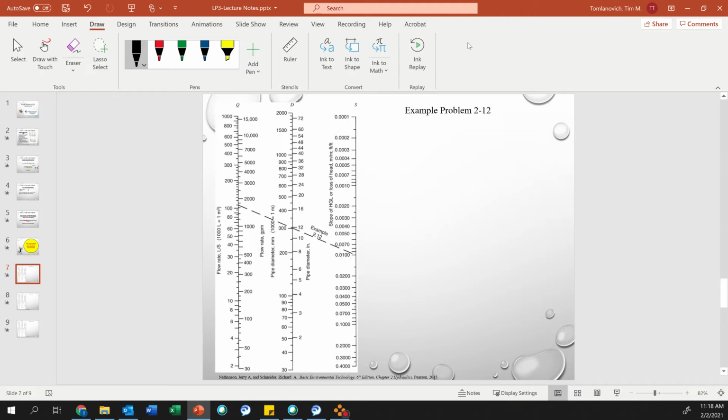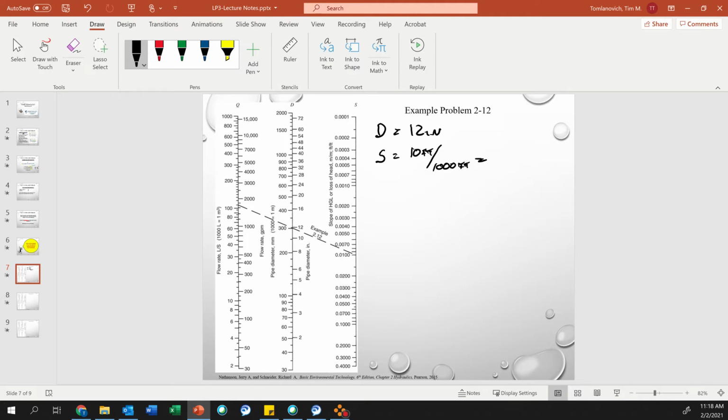All right, so let's write down our knowns. So we have a 12-inch diameter. D equals 12 inches. And we have a head loss of 10 feet. Slope equals 10 feet per 1,000 feet.